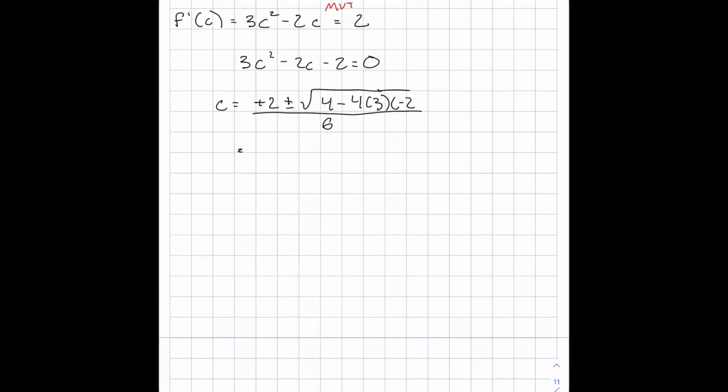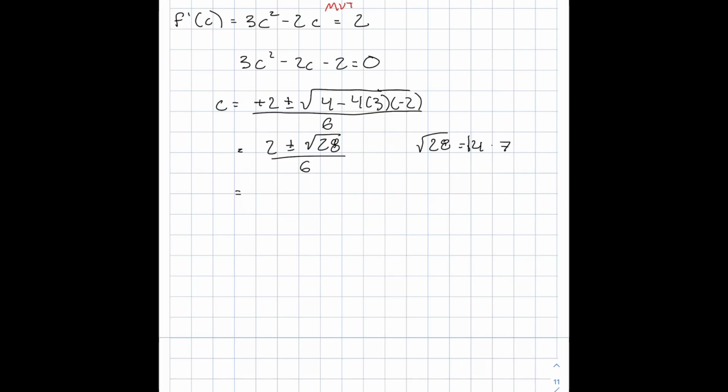So then 2 plus or minus the square root of 4 times 3 is 12 times negative 2 is 24 plus 4, because that's a negative, is 28, all divided by 6. 28 is 4 times 7.